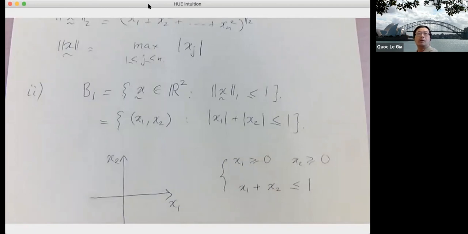No, it's not a circle. x1 plus x2 less than or equal to 1 is not a circle. It's a region underneath a line, but what line? Where do I draw the line?